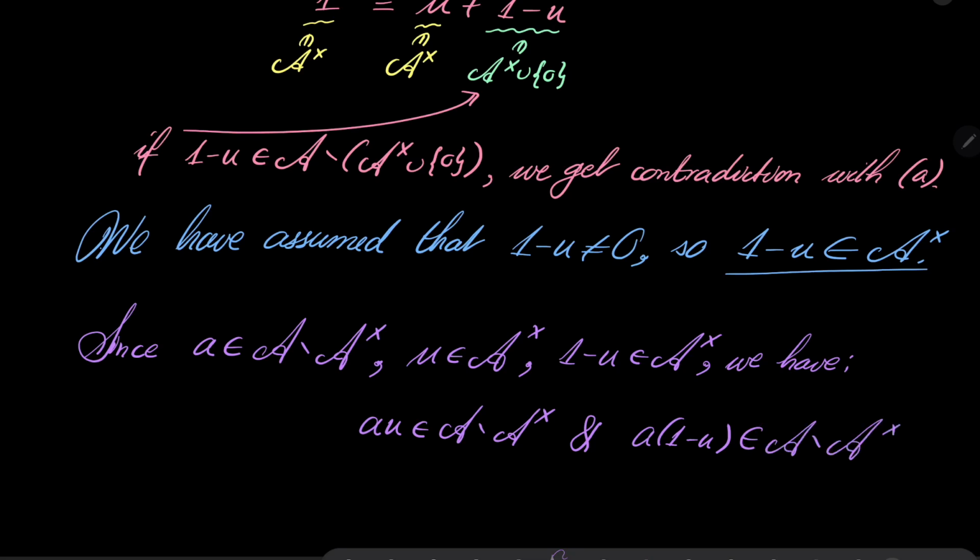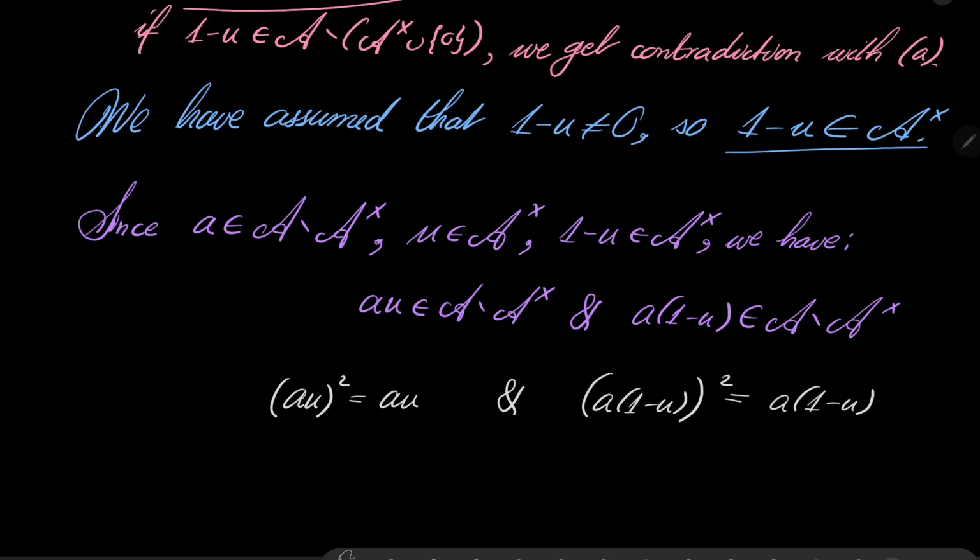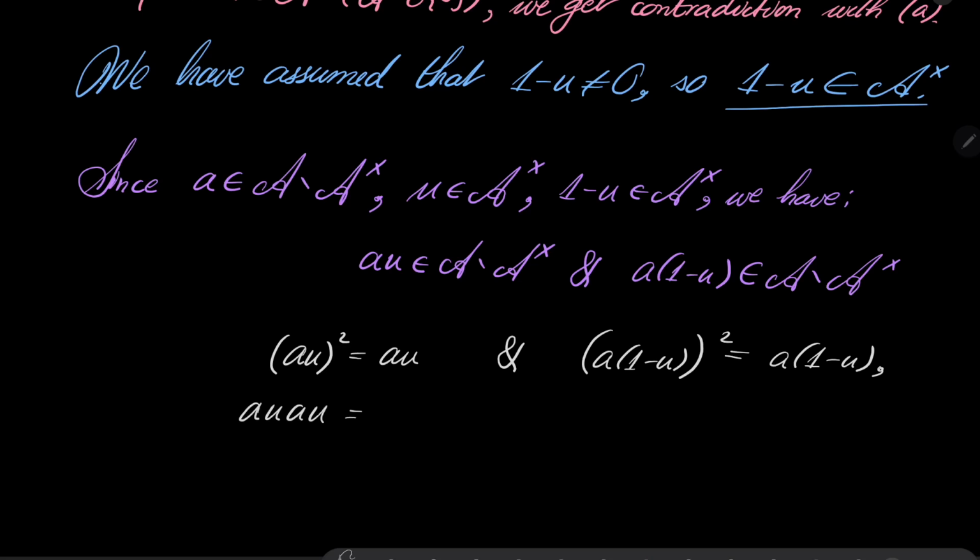Again, if we multiply an element which is not invertible times something which is invertible, we get something which is not invertible. Easy to verify that. Now, since this is the case, (AU) squared equals AU, and (A(1 minus U)) squared equals A(1 minus U), because by assumption, every non-invertible element is idempotent.